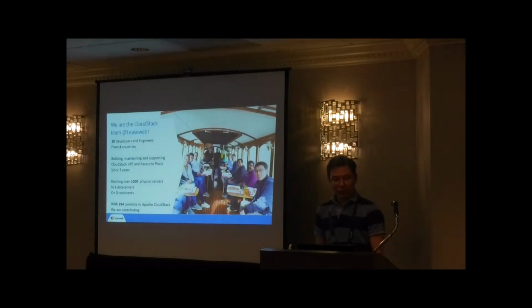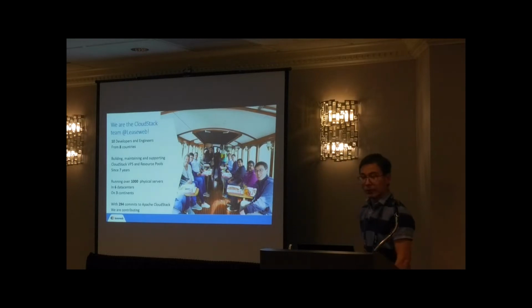Our CloudStack team at Is Web has 10 developers and engineers from 8 countries. We have offices in Amsterdam, in Phoenix in the US, and in Bangalore in India. We are building, maintaining, and supporting our public cloud and CloudStack private cloud at Is Web since 2012, and we started with CloudStack 2.2.14.